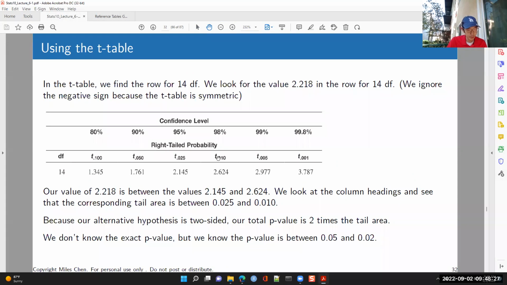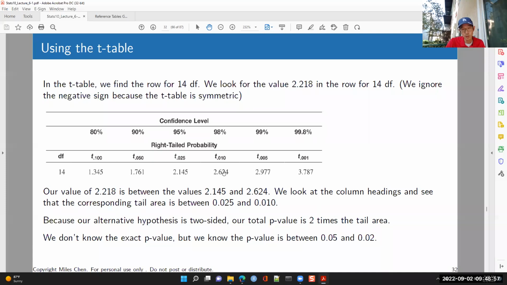And so we have a two-sided alternative. Our hypothesis is two-sided, so we're going to double that. And our p-value, we don't know exactly what it is, but we know it has to be less than 5% and more than 2%. If I double 2.5% and double 1%, it's going to be between 5% and 2%. We don't know exactly what it is. If my test statistic was exactly 2.145, it would be exactly 5%.